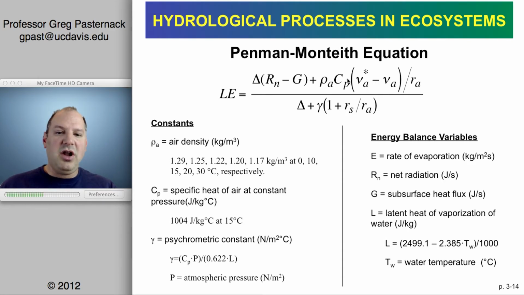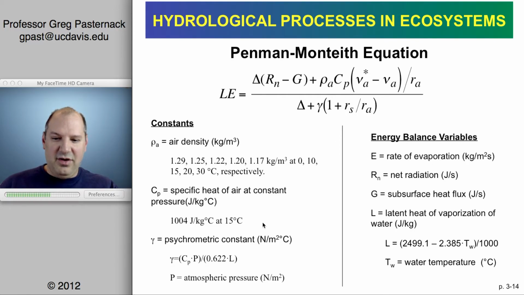So let's look at all these variables. Okay, as the density of air goes up, we have higher evaporation rates. As the heat capacity goes up, we have higher evaporation rates. As this gradient goes up, we also have higher evaporation rates. So the air can hold more water in those circumstances. Okay, now let's look at a few other variables.